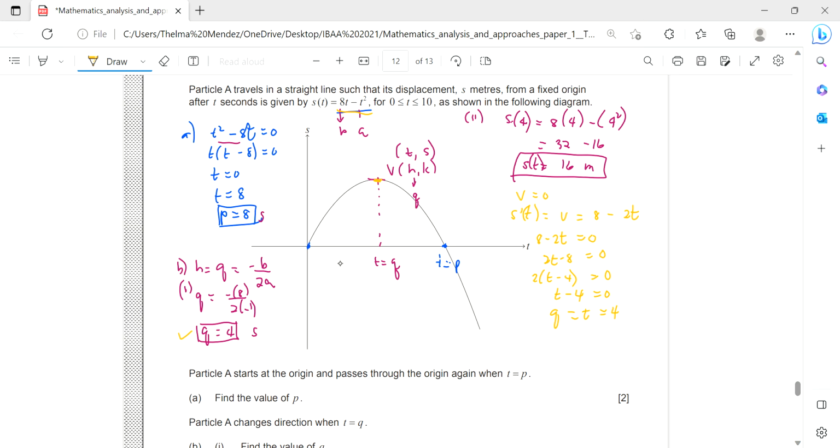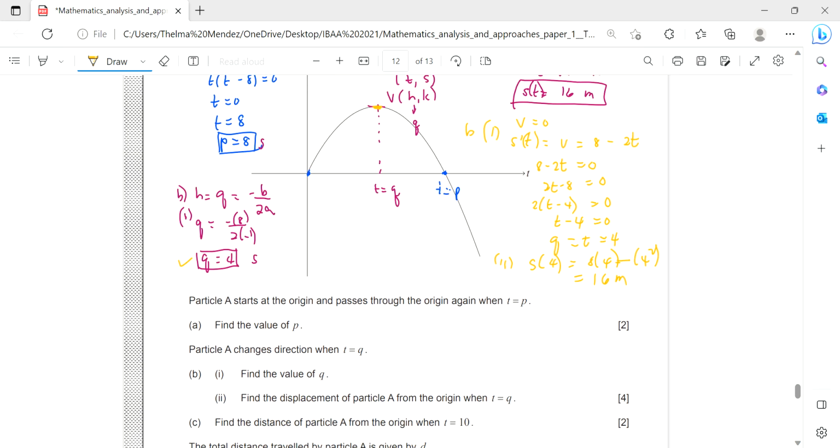Now, to find the displacement, this is for another method for letter B, we will replace this function s of 4 by 8 times 4 minus 4 squared. So they are the same. Okay, that's one method. I think finding the vertex is a lot easier.